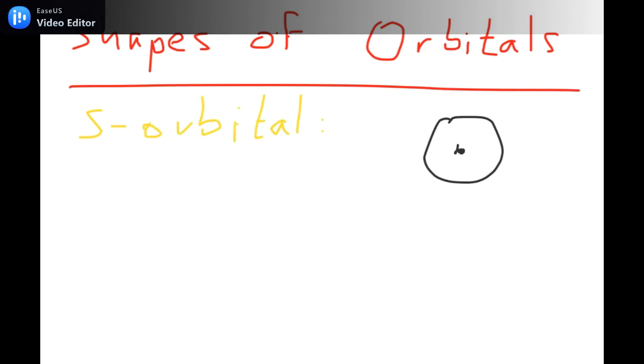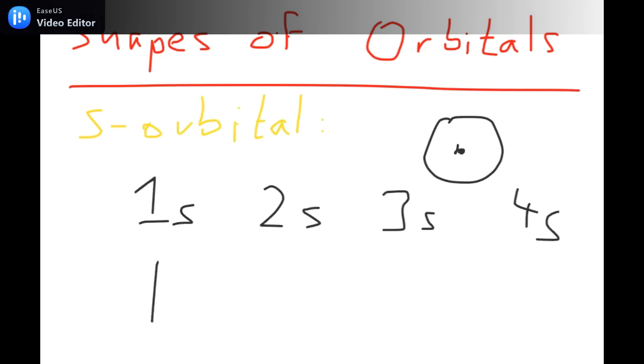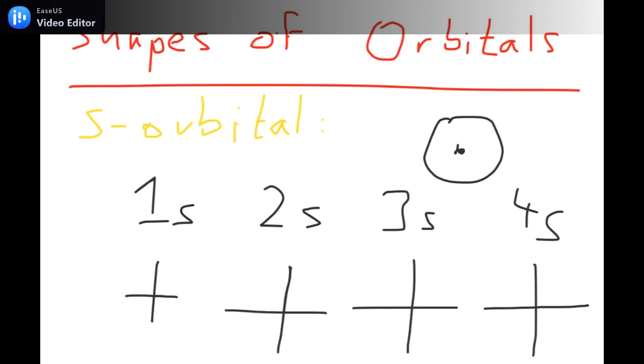Now the difference between the 1s, 2s, 3s, and 4s orbitals is, if, for example, this is 1s, this is 2s, this is 3s, and this is 4s. So all of them are spherical, just the size increases.